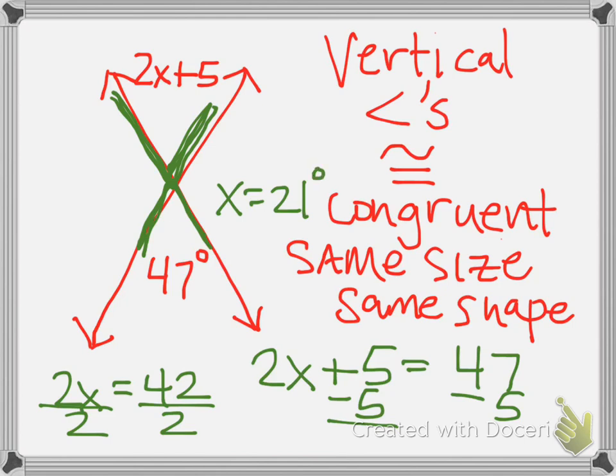Oh, it's not degrees. Then to check your work, you can plug it in. 2 times 21, that's 42, plus 5, 47. Ding, ding, ding, it worked. So x was 21.